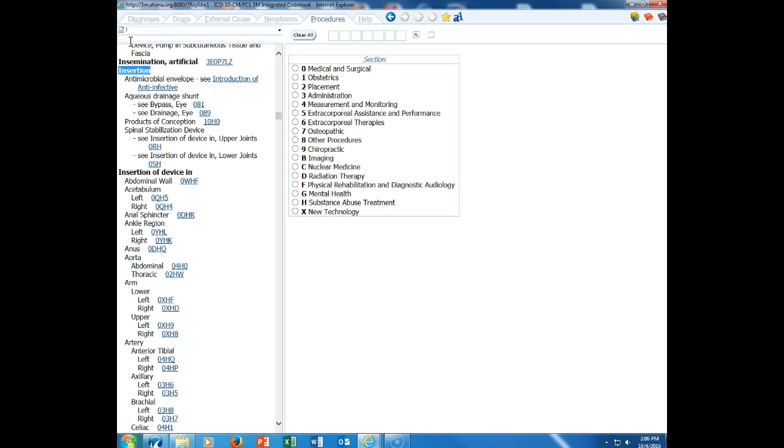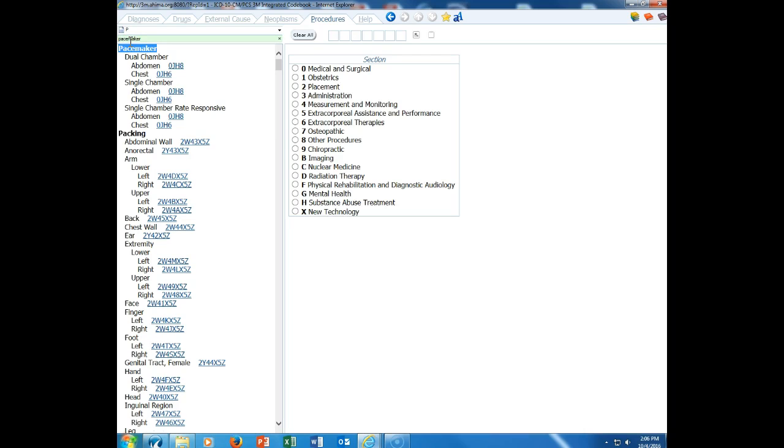So let me type in pacemaker. You can see that if I put in pacemaker, it takes me to table 0JH. I'm going to choose this dual chamber and just choose chest.